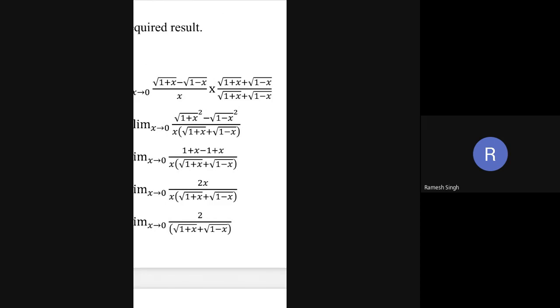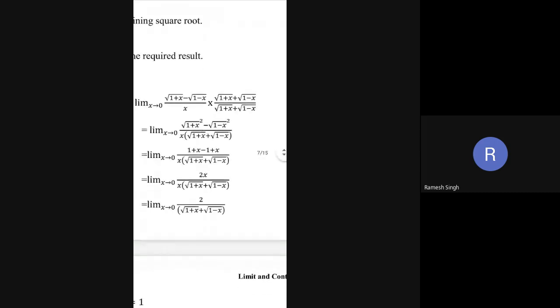In this way, the numerator becomes the square of root of 1 plus x minus the square of root of 1 minus x. If a root is squared, the root is removed. You know that principle.